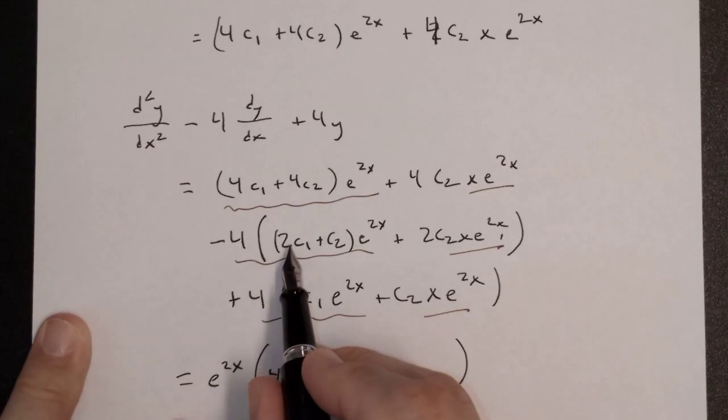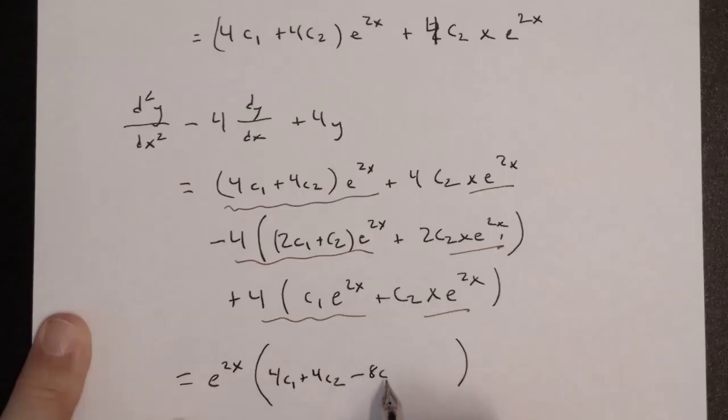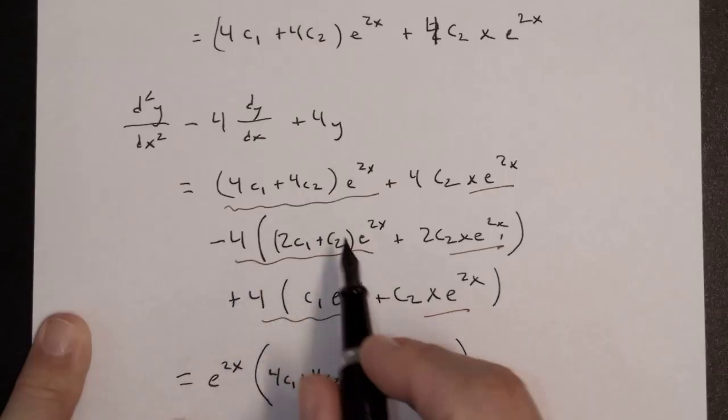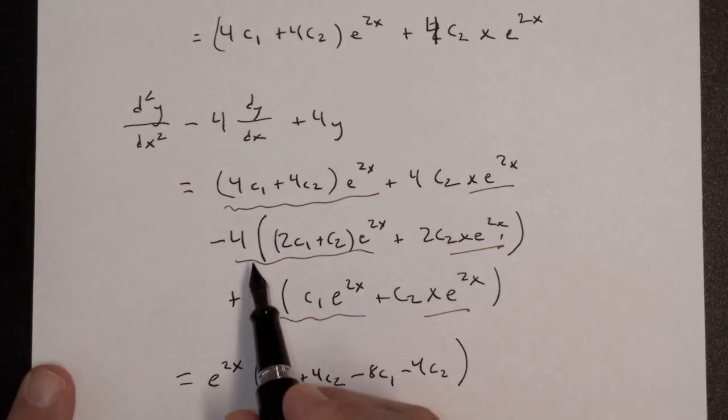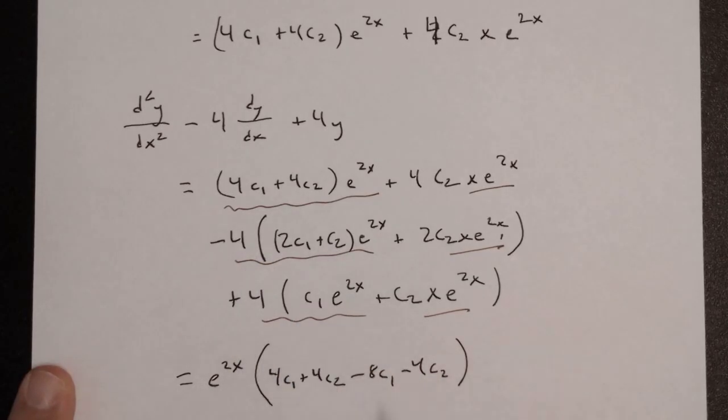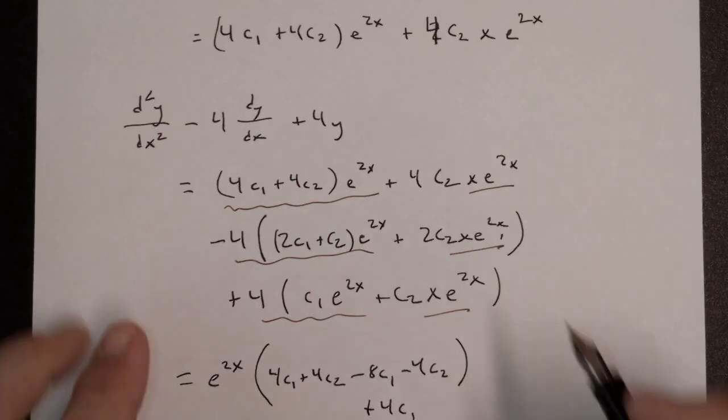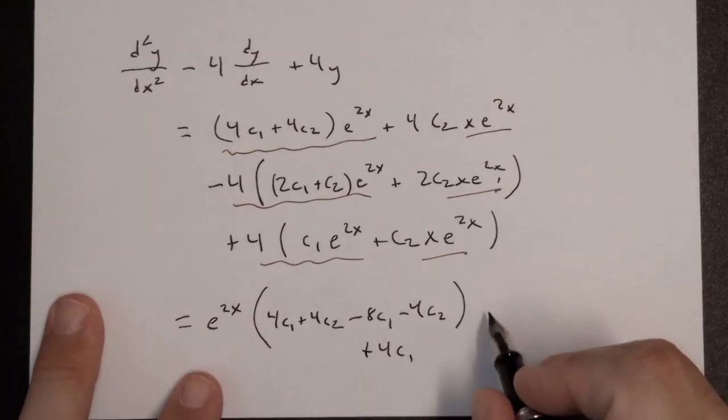Then I've got minus 8c1, minus 4c2, and then plus 4c1, right?